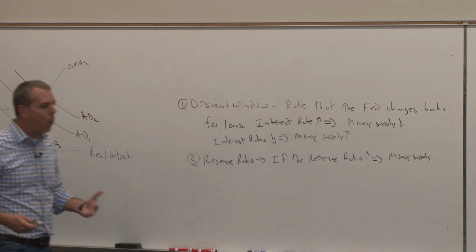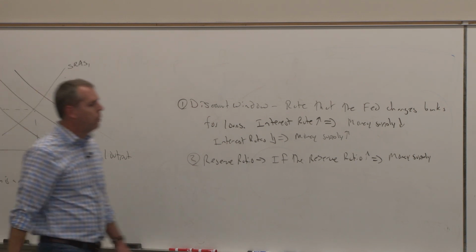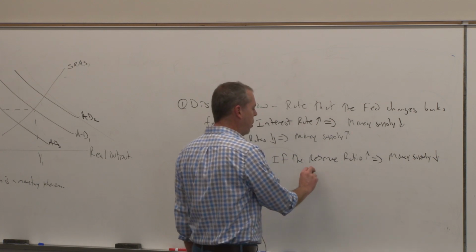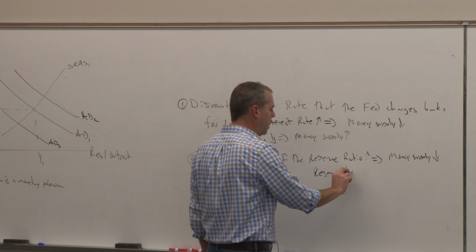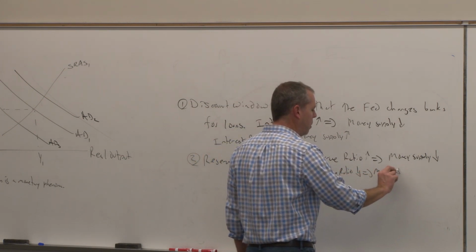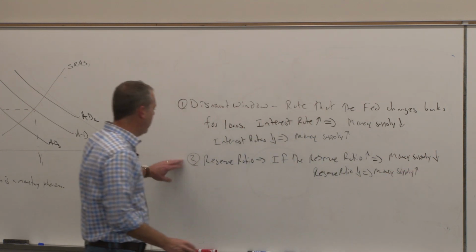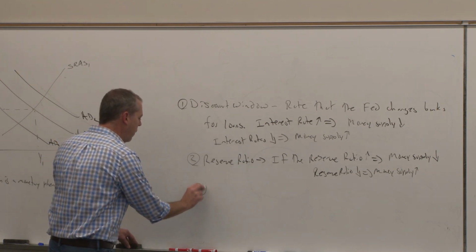They have to hold more on reserve. Exactly. If this reserve ratio goes down, you're going to see the money supply increase. They don't change this very often for obvious reasons, right? That would be difficult.